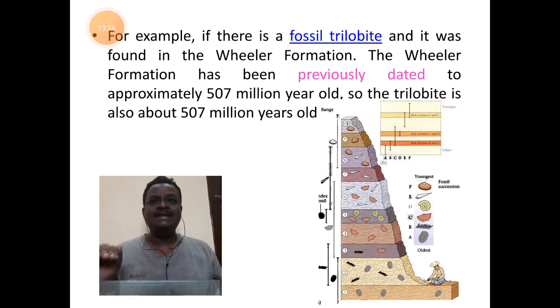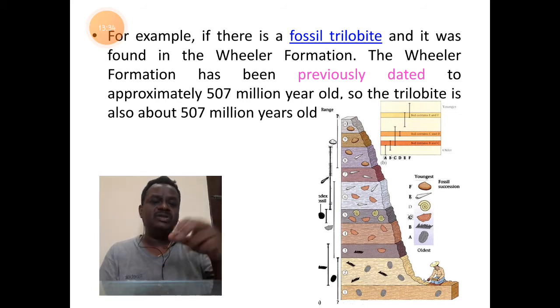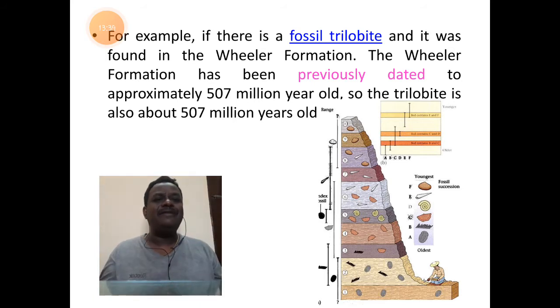Wheeler Shale is a mountain range area near the town of Delta in Utah, US. So from that place they have excavated. Simply, Wheeler refers to the range of forests. There they have excavated a fossil of trilobite and they have predicted the age to be 507 million years old.